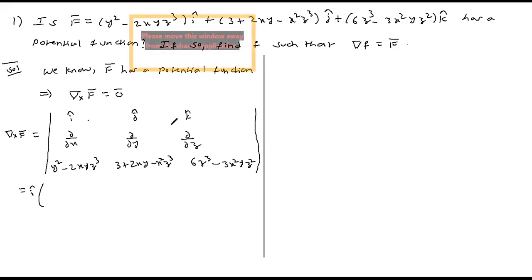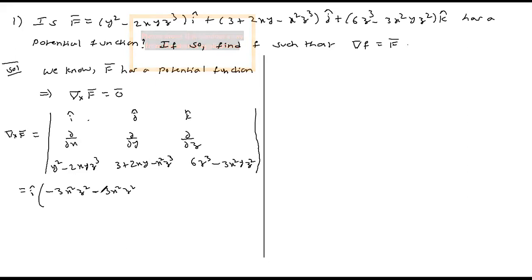So what is dou by dou y of the third component? Dou by dou y of the third component is minus 3x square z square, minus dou by dou z of the second component. Dou by dou z of the second component is minus 3x square z square.